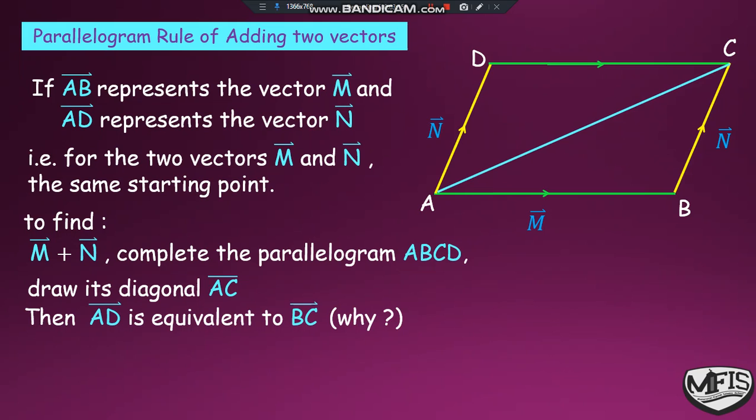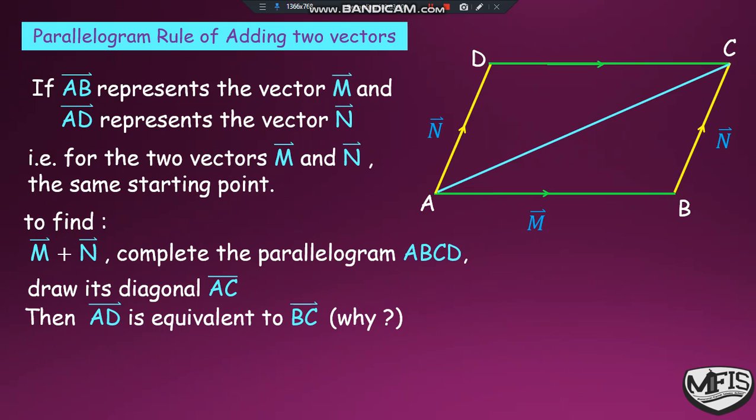M vector plus N vector is called the parallelogram rule because M and N go out from the same start point, which is A. So M plus N will equal the diagonal of the parallelogram, which is AC directed line segment.